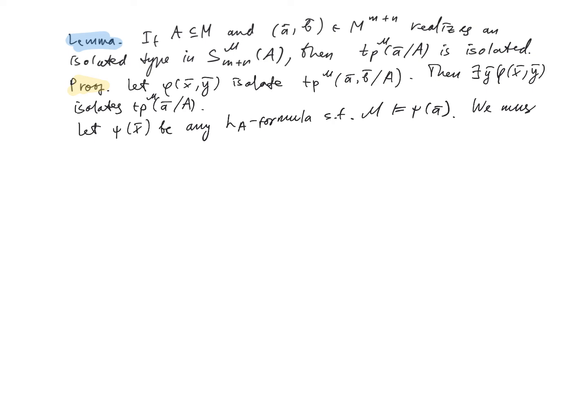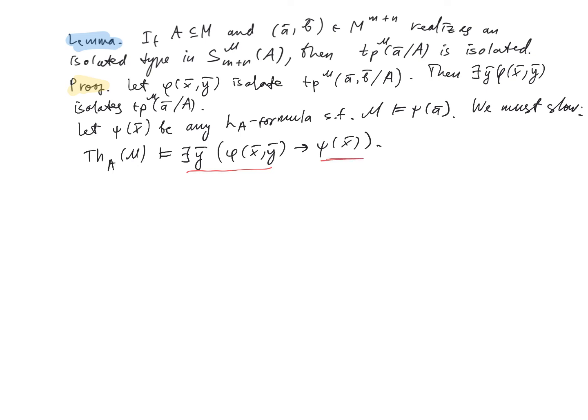We must show that the A-theory of M has as a logical consequence that exists y bar phi of x bar y bar implies psi of x bar. Note here that y doesn't occur in psi, so we can take it out of the brackets like this.